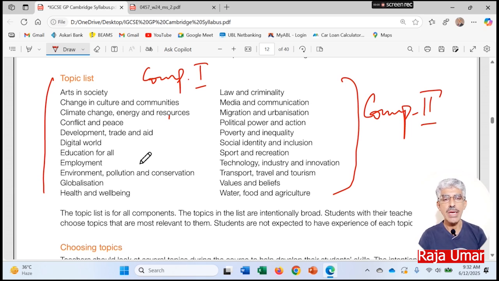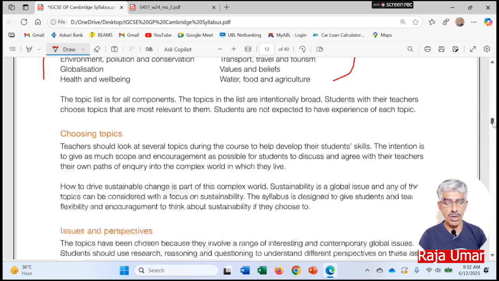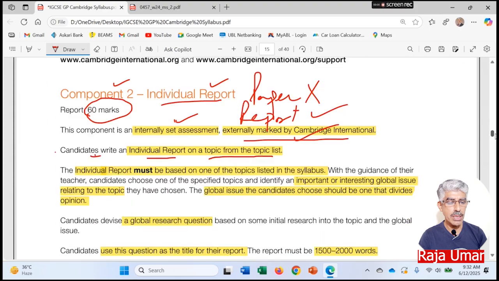You can choose any of these topics and research on it. Back to the point where I was: the individual report must be based on one of the topics listed in the syllabus.